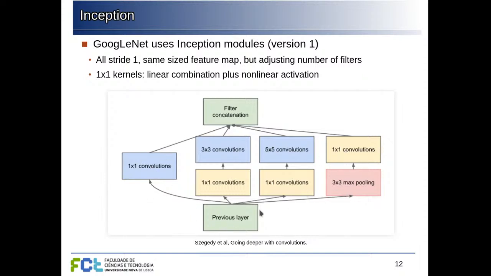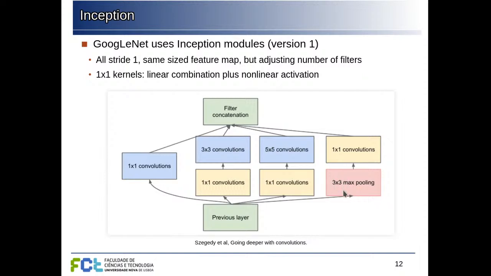All of these operations have a stride of 1. So it means that the size of the feature map remains the same, even in the case of max pooling. So typically so far, when we did max pooling, we used a stride of the same size as the pooling window.